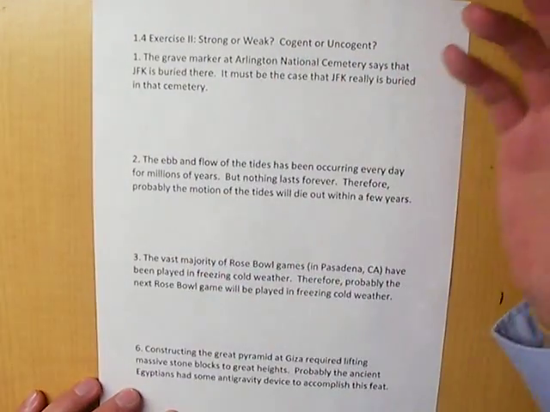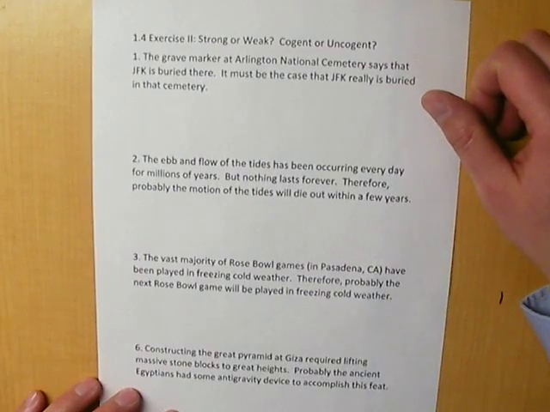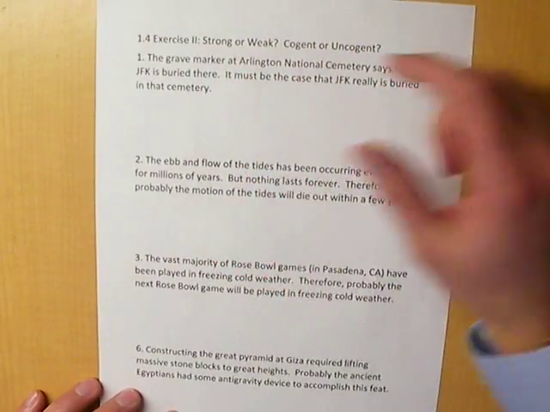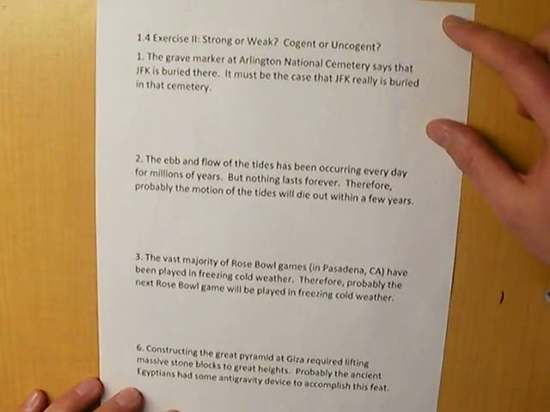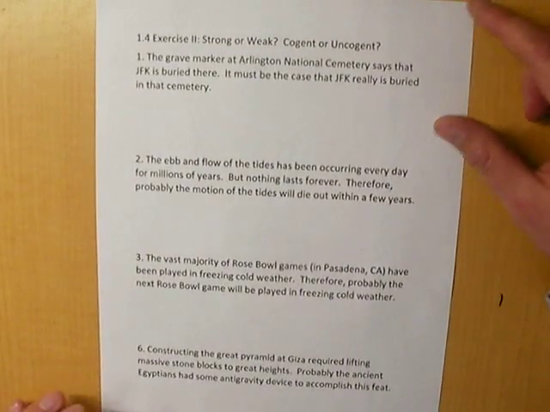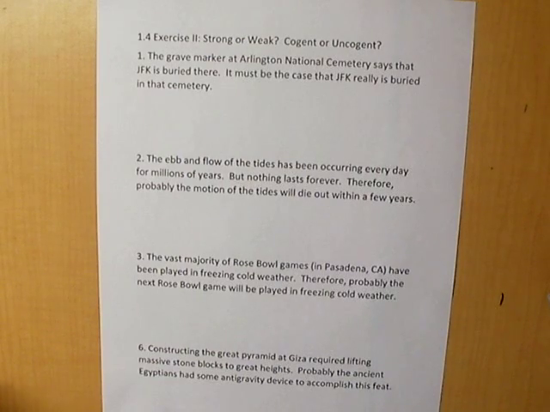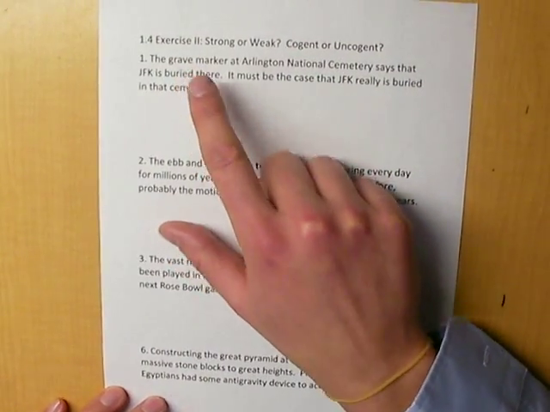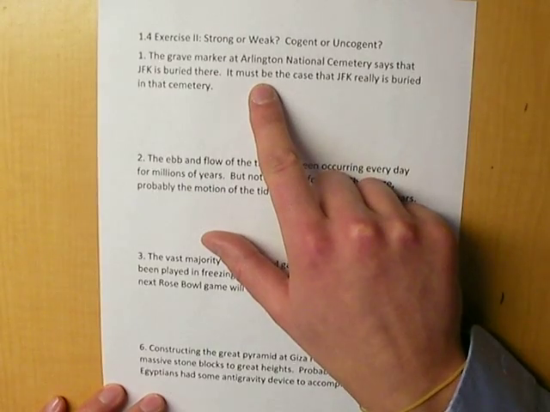So let's practice, and again, critical thinking is a skill that requires practicing. Number one, the grave marker at Arlington National Cemetery says that JFK is buried there. It must be the case that JFK really is buried in that cemetery. Given that premise one is true, is the conclusion likely to be true?